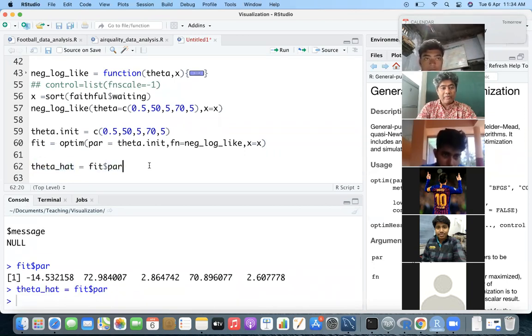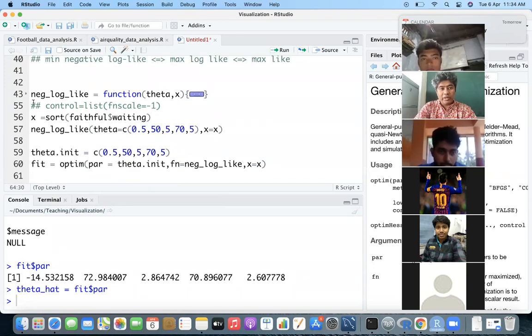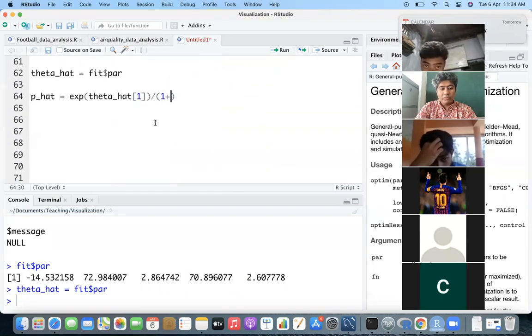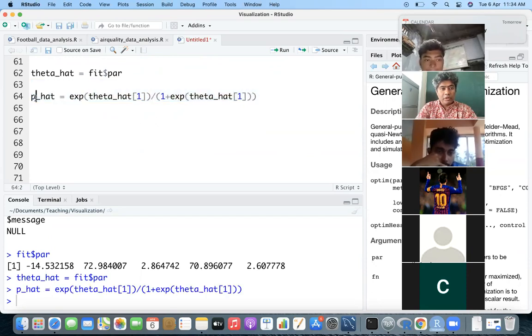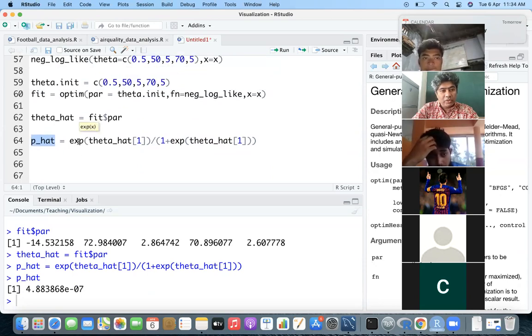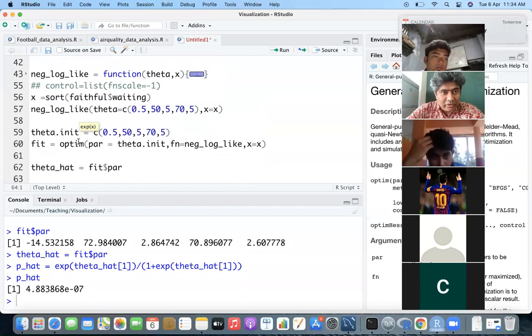Now from the theta hat, I'm going to calculate the P hat, which is 1 divided by 1 plus exp theta hat. Remember, it's the same transformation I'm going to use here. Now you see, oh, it is giving me actually a much worse value. Okay, let us see why it is giving me a much worse value.